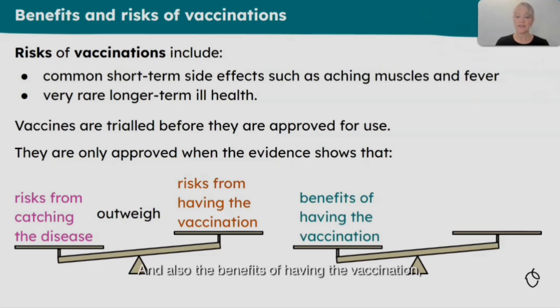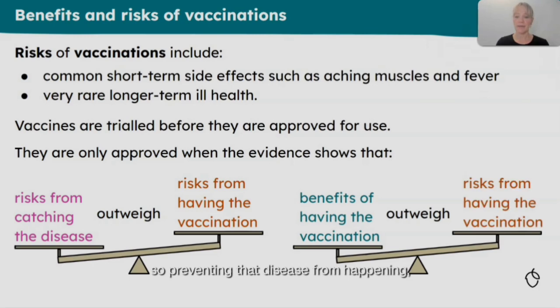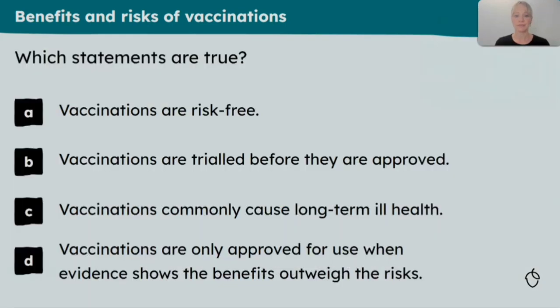And also the benefits of having the vaccination, so preventing that disease from happening, will outweigh any risks from having the vaccination. So it's a really careful balance that scientists have to make sure they have trialled and gained lots of evidence about before that vaccination is allowed to be used.